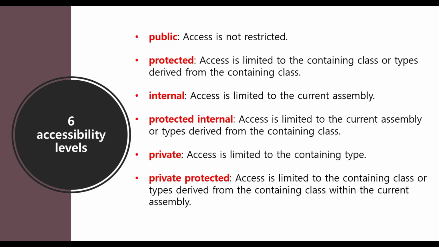Protected instead defines an access that is limited to the containing class or the types derived from a containing class. And we see that protected is, I would say, very specific to inheritance. And I think you would get a much better idea when we go to the practical part. Internal means that access is limited to the current assembly.